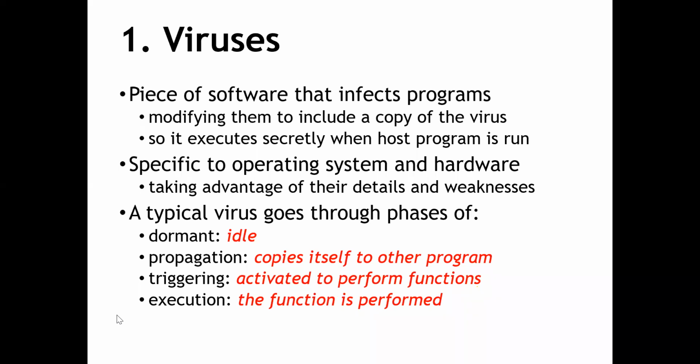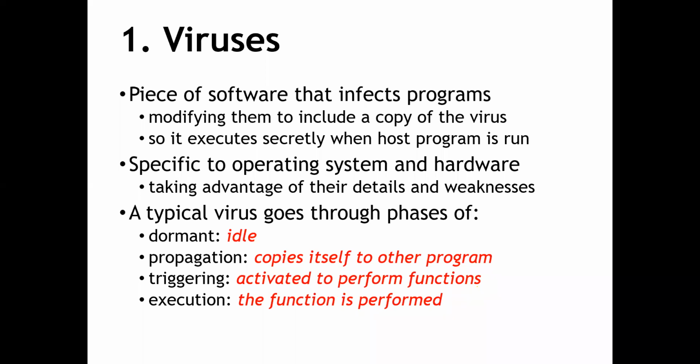One are the viruses. A virus is a piece of software that infects programs, modifies them to include a copy of the virus, so it executes secretly when the host program is run. For example, it can attach itself to Microsoft Word. Every time you open it, it executes automatically and gives you errors.